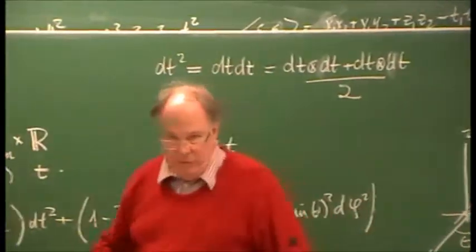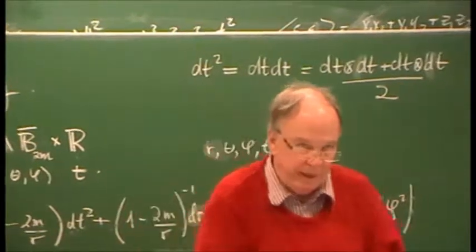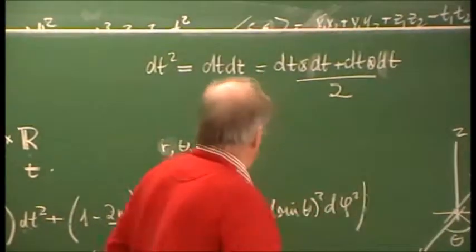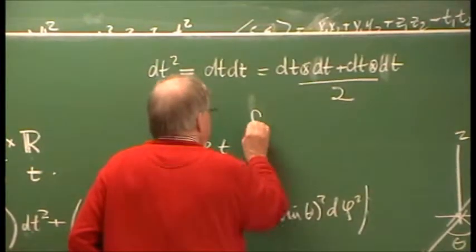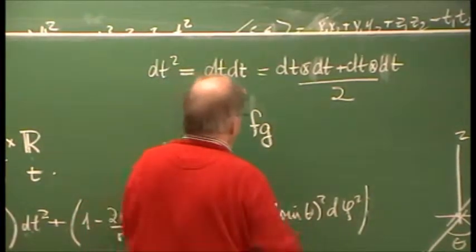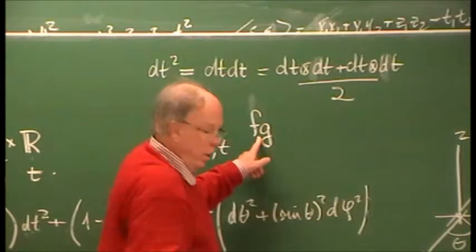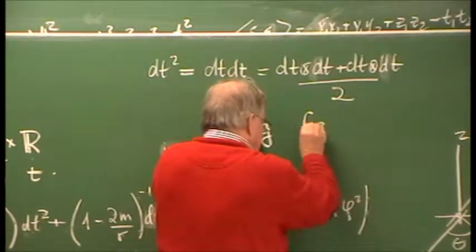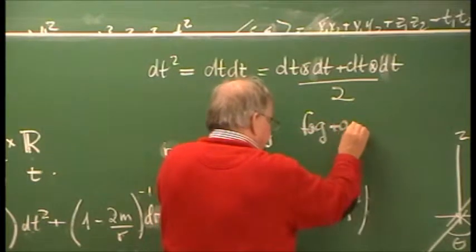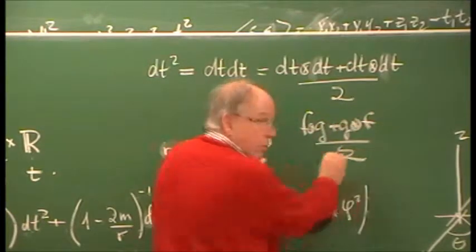The language, by the way, physicists have is very, very compact. You understand what that means? That means if I have a symmetric form fg, that is the symmetric form of functions f, g, it is fg plus gf over 2.